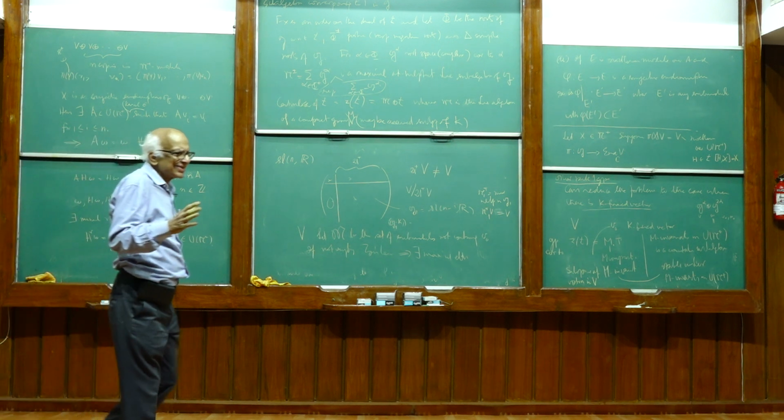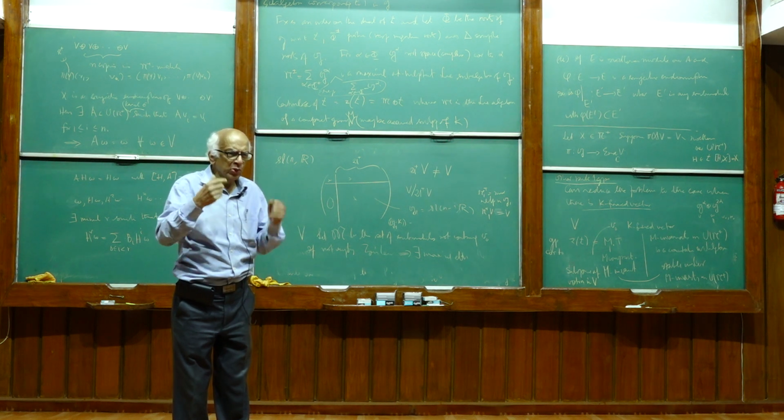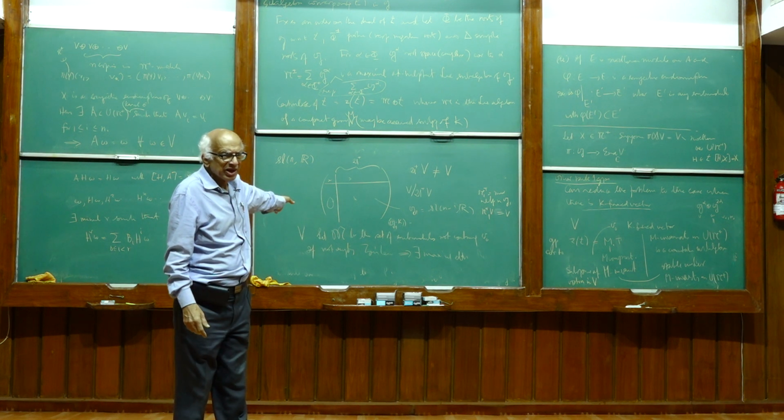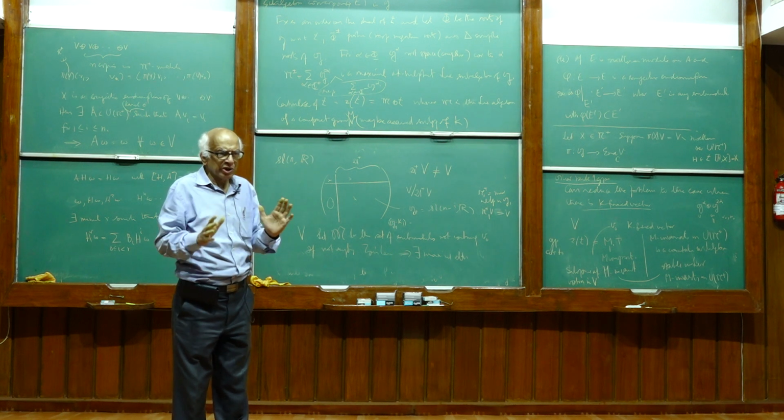For a long time, I was hoping to prove Ratner's theorem using representation theory. Basically, start with a measure on G mod gamma. Let's assume for a moment G mod gamma is compact.